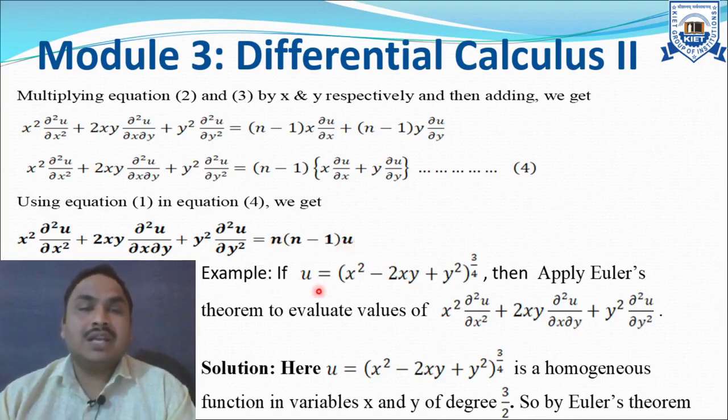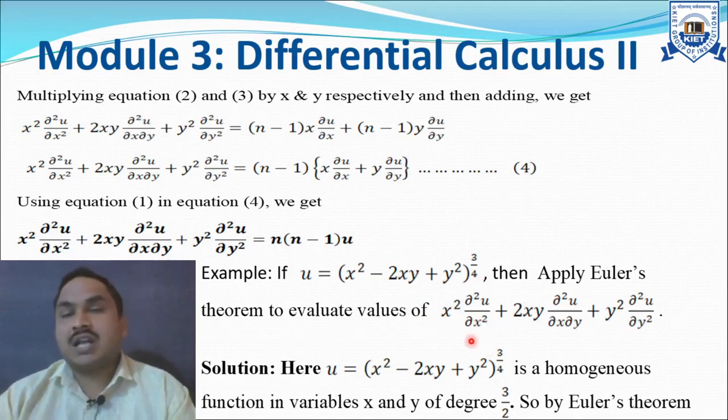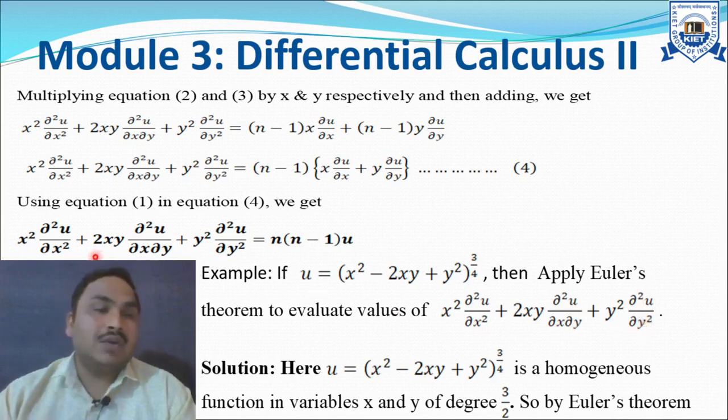Next example: if u equals (x² minus 2xy plus y²) to the power 3/4, then apply Euler's theorem to evaluate the value of x² ∂²u/∂x² + 2xy ∂²u/∂x∂y + y² ∂²u/∂y². Now to solve this question, we shall use this result.